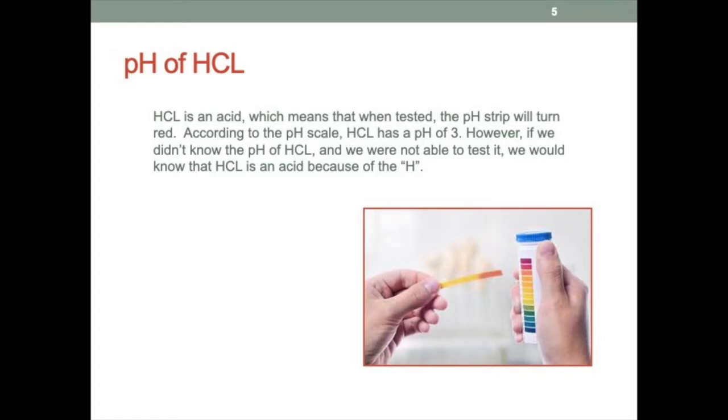So we use those litmus papers to try and figure out what the acidity, what the alkalinity of these solutions are. So hydrochloric acid is an acid, which means that if we tested it, the pH strip will turn red, right? Hydrochloric acid has a pH of 3.